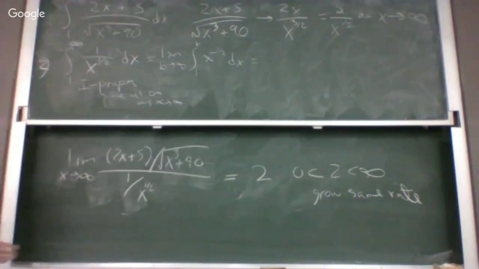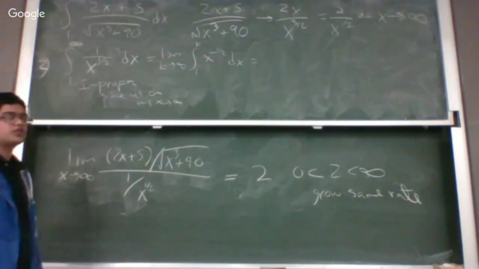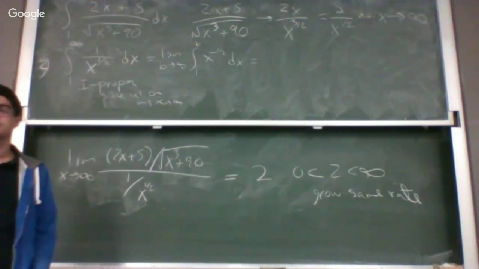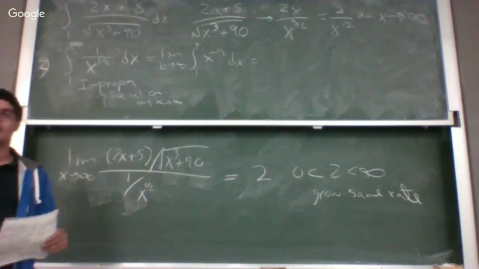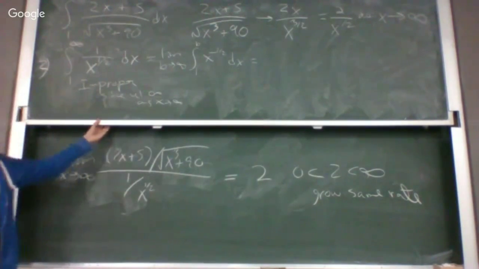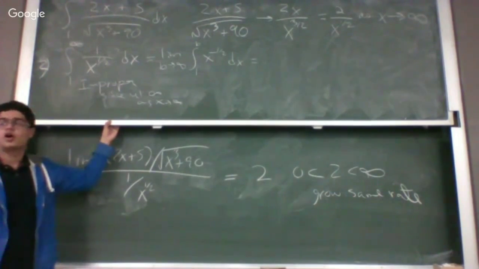And since we know that they grow at the same rate, and we find that g of x converges, we know f of x converges. Okay? Did that all make sense? It's just knowing the little parts of each test. It's not hard per se.